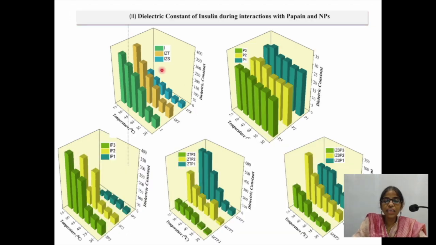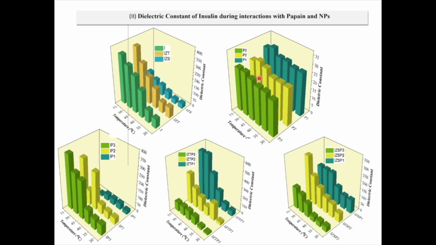Here the insulin is made to interact with tetrapodal structures, and also with papain. These two graphs are the most interesting ones because they show how the insulin properties are conserved when tetrapodal structures are introduced in the presence of a denaturing agent. We see that the tetrapodal structures at the highest concentration are able to conserve the dielectric properties.